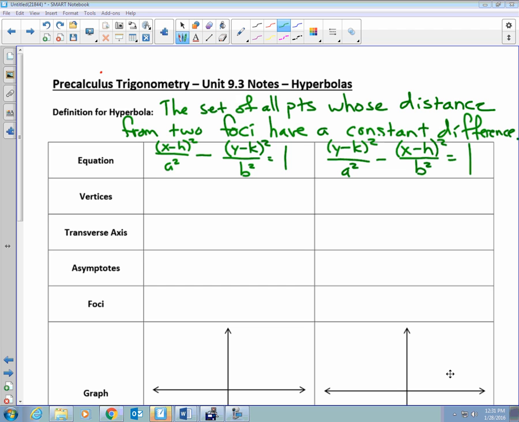Excellent. Please be more specific in what you're stating. Okay. Oh, I get it. You're actually thinking about the graph. Look at the equation. What's different with the equations?